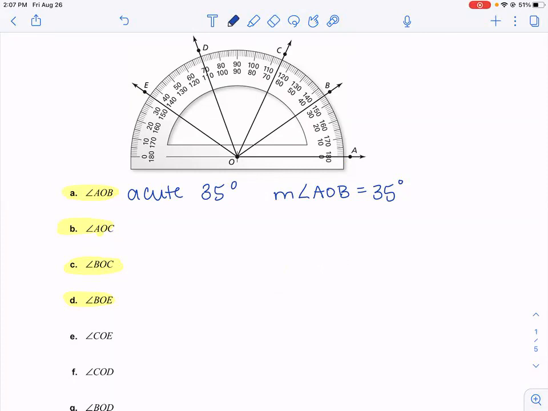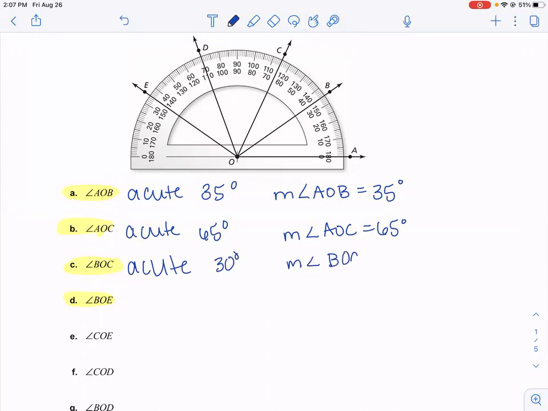Okay. Gavin, what is AOC? And what kind of an angle? Okay. So we can write that the measure of angle AOC is 65 degrees. Adri, what about BOC? So the measure of angle BOC is 30 degrees.